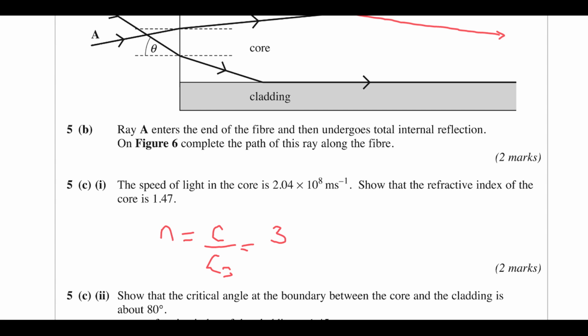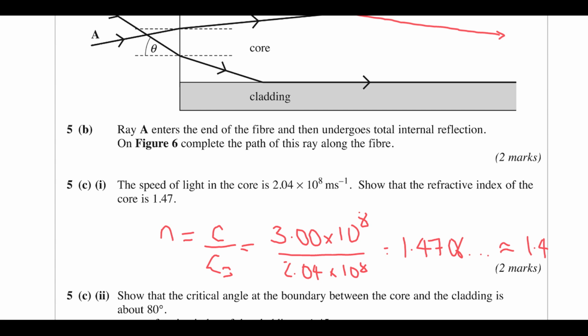So it will be 3 times 10 to the 8 divided by 2.04 times 10 to the 8, which gives a value of 1.4. We're not 7 yet. We've got a 4 first. So we've got 1.4706, which is approximately 1.47 there. So we can see that that's worked out.